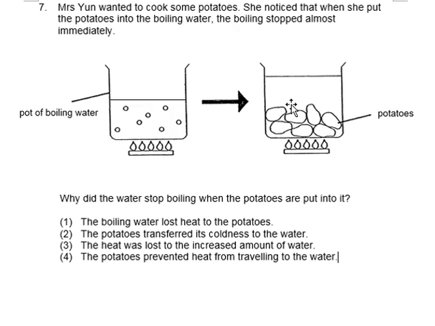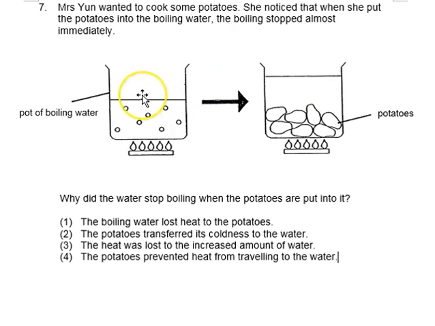So as the boiling water loses heat, before they put in the potato, the water was at 100 degrees Celsius, but once it lost heat, the temperature of the water actually went below 100 degrees Celsius. Once it goes below 100 degrees Celsius, the water could no longer boil.